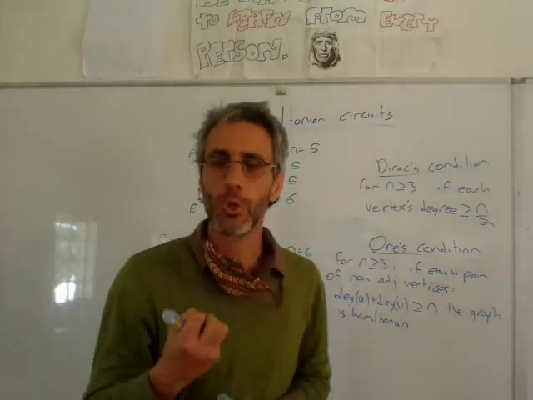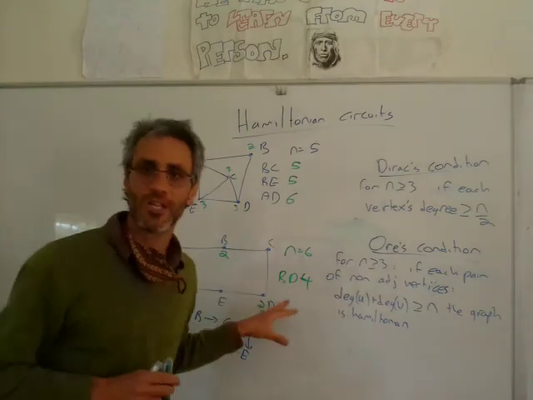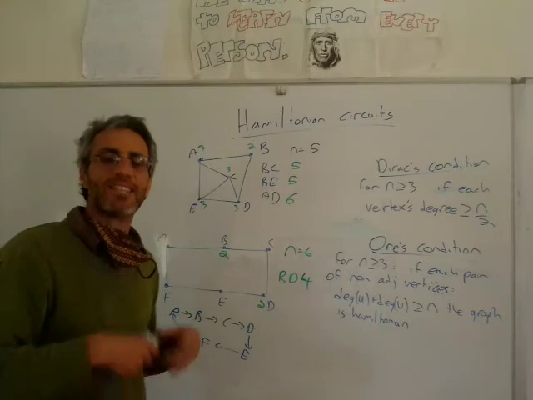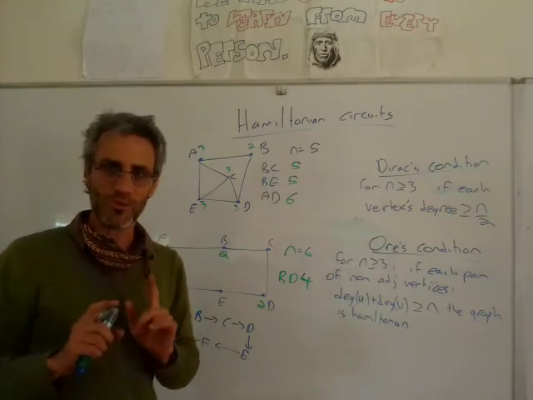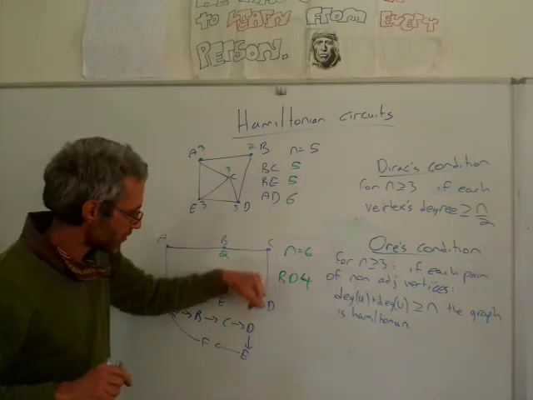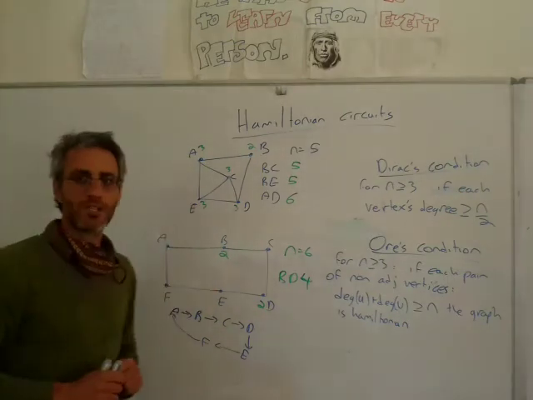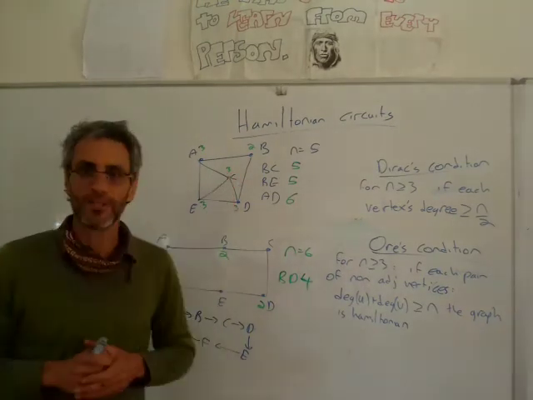Now, when I say a Hamiltonian graph, I don't think I used it before. What is a Hamiltonian graph? It means a graph that possesses a Hamiltonian circuit. Both these graphs are Hamiltonian.